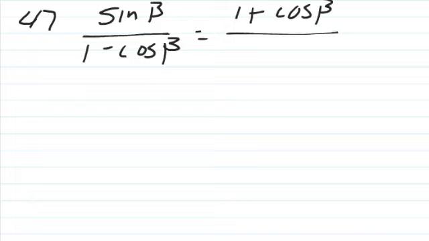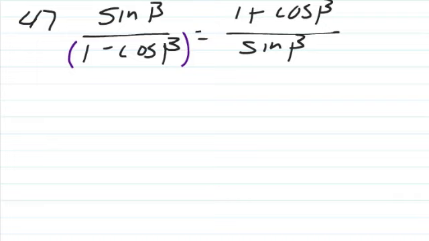It says sine of beta over 1 minus cosine beta is equal to 1 plus cosine beta over sine of beta. And since we have a 1 minus cosine, that looks like something that we could probably turn into a Pythagorean form by multiplying numerator and denominator by 1 plus cosine beta.